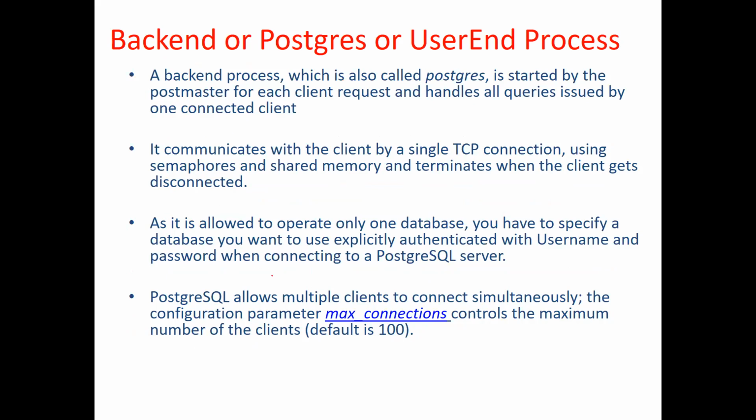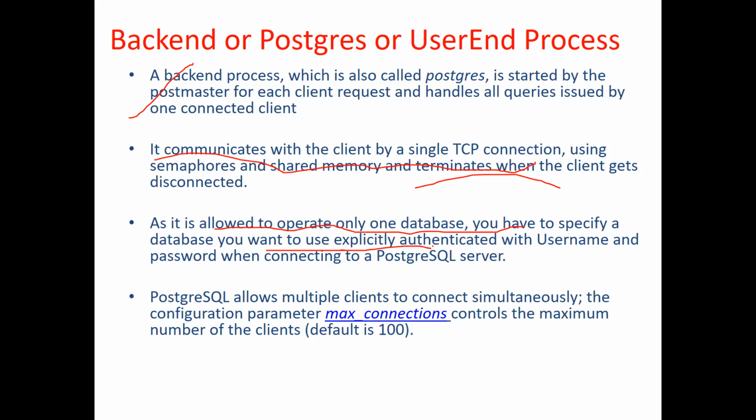Postmaster will create one Postgres process for each session, which will communicate with the client and fulfill all its needs. It allocates some space in the shared buffer. As it is allowed to operate only one database, you have to specify a database. You cannot have multiple databases in one connection.